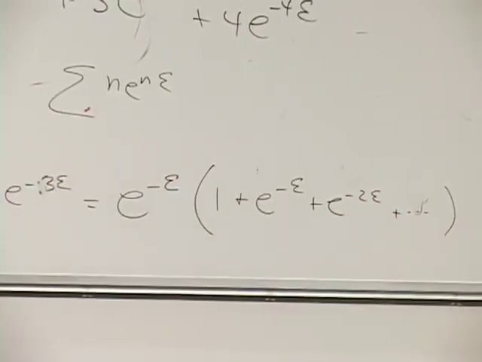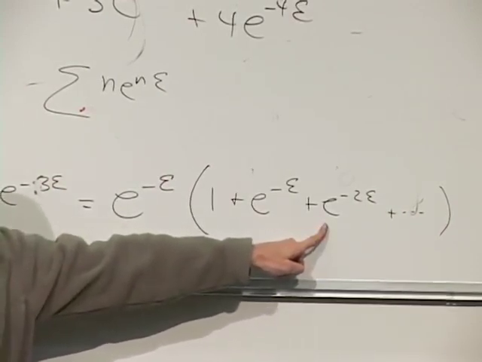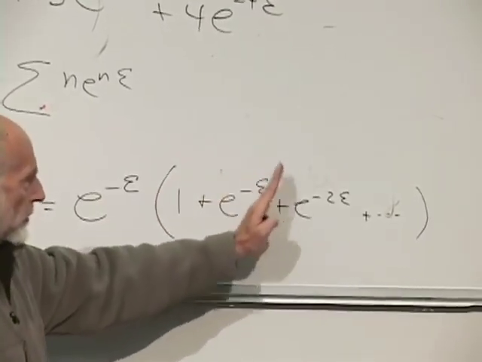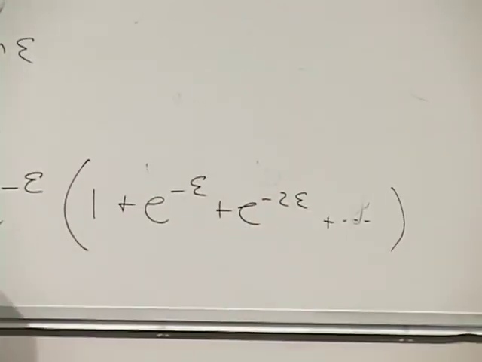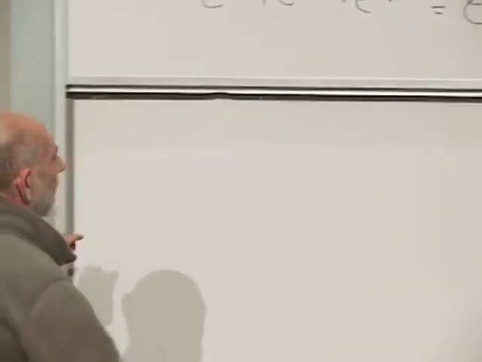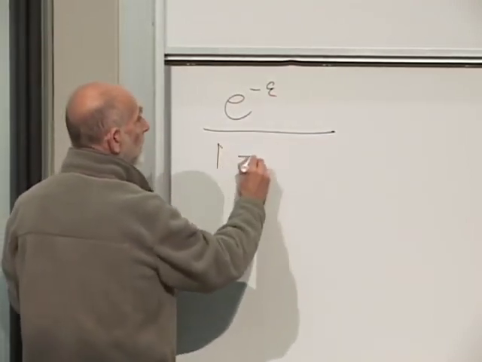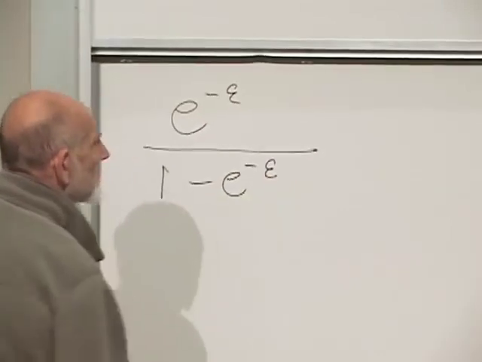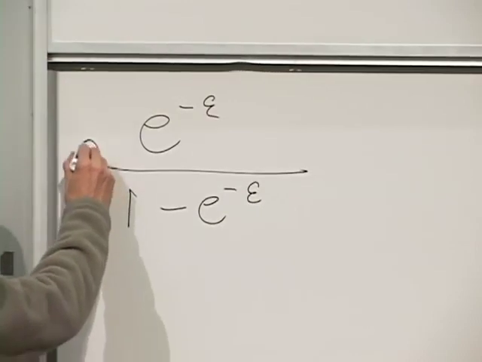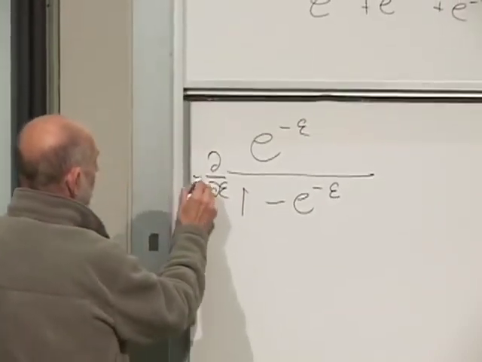I pulled out a factor of e to the minus epsilon. Do you know what this is? Exactly. This is a geometric series, 1 plus a number plus the square of the number plus the cube of the number. And so we can add all of this up. And what do we get? We get e to the minus epsilon divided by 1 minus e to the minus epsilon. Okay, that's the thing that we want to differentiate with respect to epsilon. That's this, and put a minus sign in front of it.